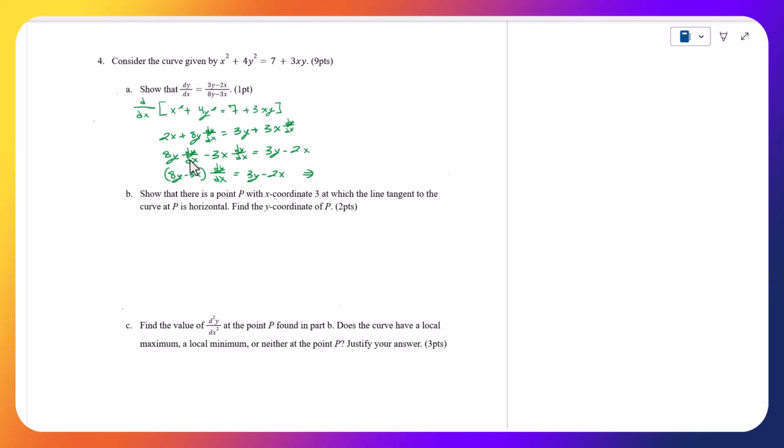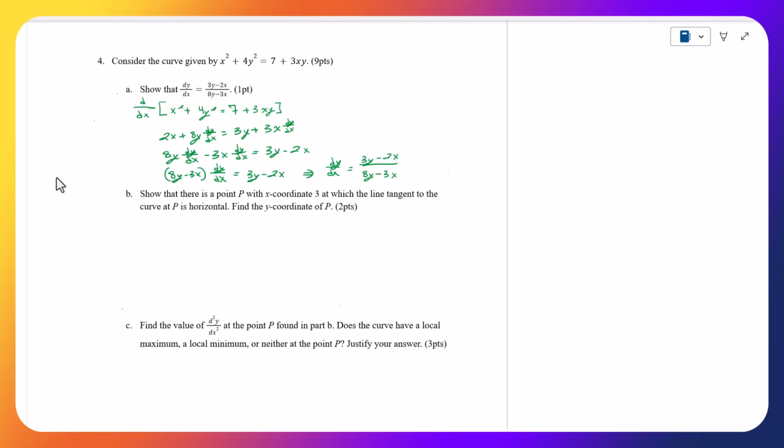We get dy over dx equals 3y minus 2x over 8y minus 3x. And boom, we showed that dy over dx equals this thing right here. Awesome. Part of the reason that I gave you this answer is because even if you weren't able to do this, you need this piece in order to do the other pieces.